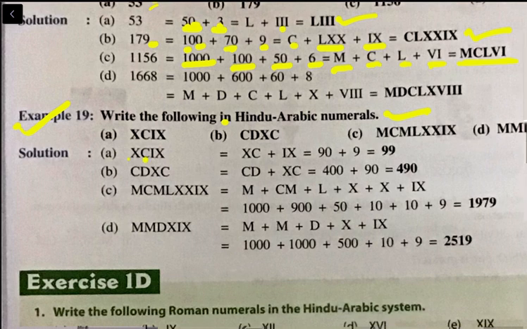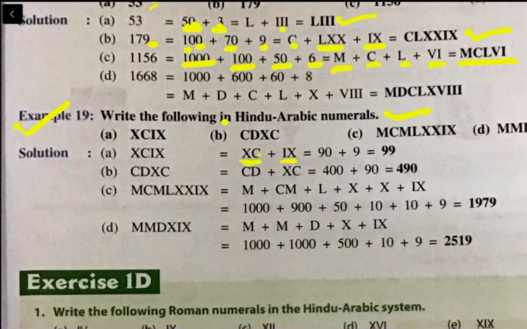XCIX. XC, because X is on the left hand side of C, so XC is one unit. Then we write it as XC and IX.